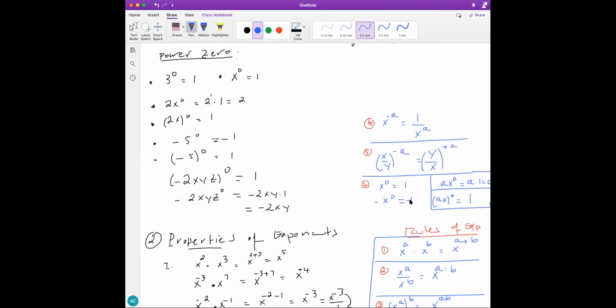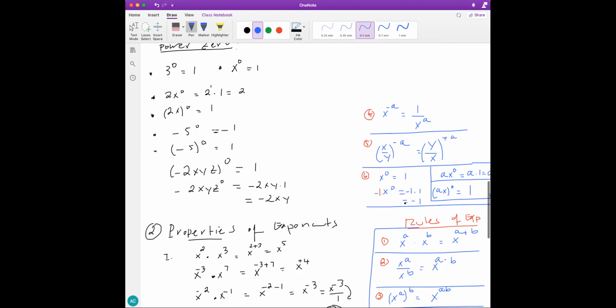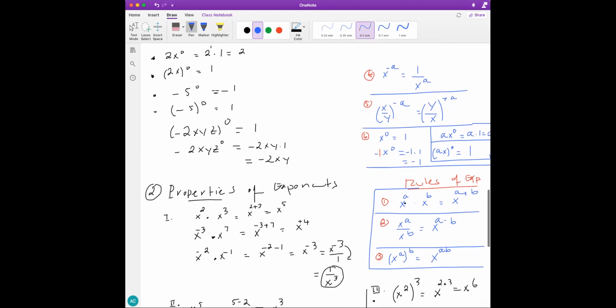Think of this as there's a negative 1 here times x to the power 0, which is 1. This whole thing is negative 1. Okay, so that's basically the other rule. I think we covered all of them. Yep, that's basically all of the rules.